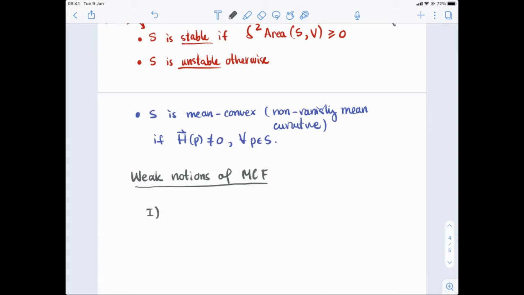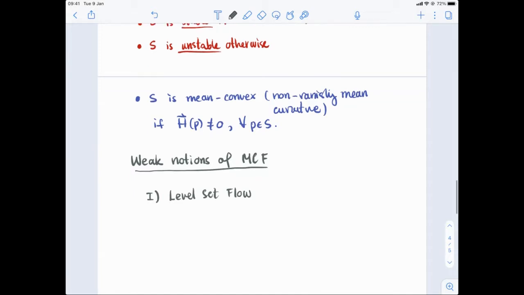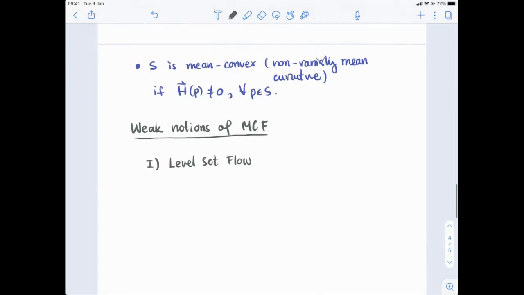One is called the level set flow. And the level set flow, some people call it the set theoretical solution, or the maximal set theoretical solution of the mean curvature flow. I'll talk a little bit about that later.